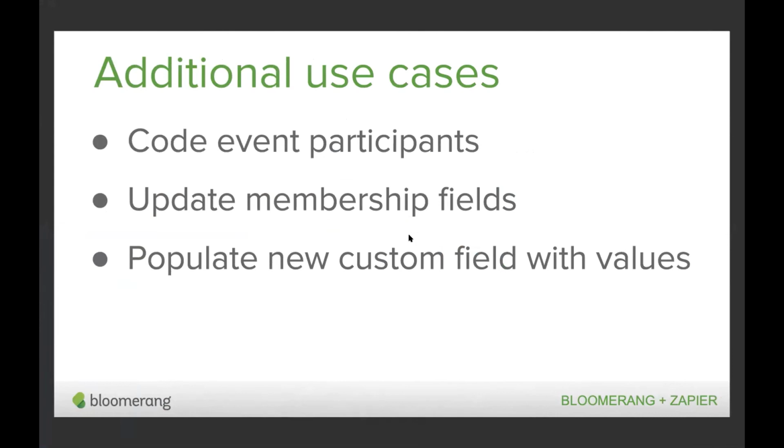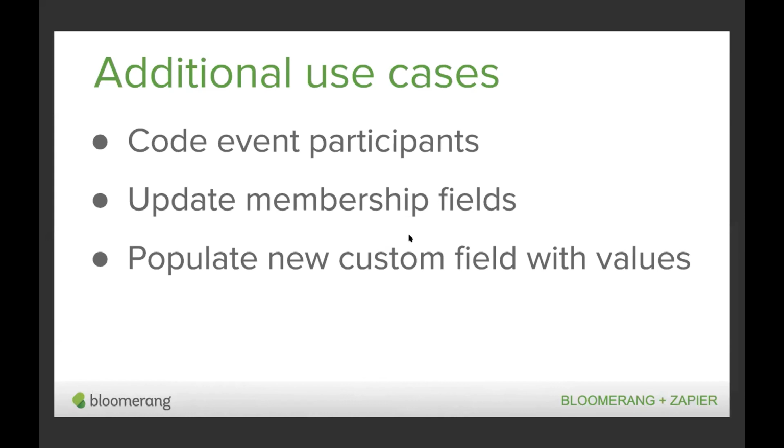So maybe you want to assign a constituent code of event participant when a constituent makes a donation, buys an event ticket, or has another event-related transaction in Bloomerang. You could have these specific transaction types write to a Google Sheet, and then use an update constituent step in that secondary workflow to sync a code of event participant back to the constituent in Bloomerang.